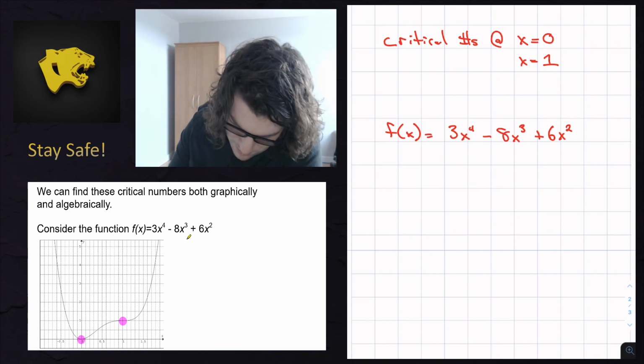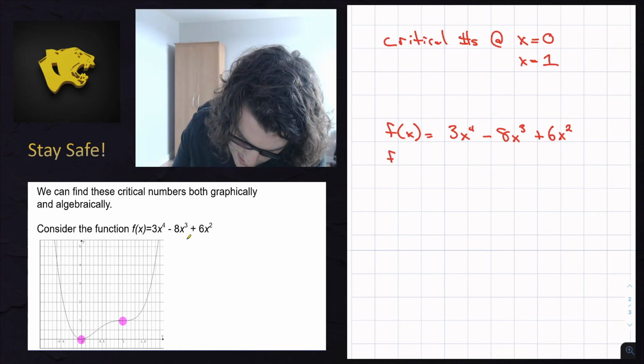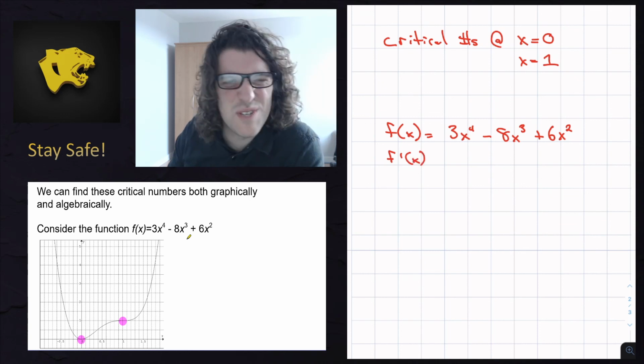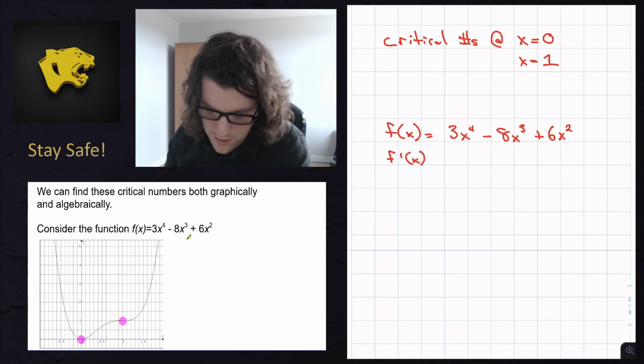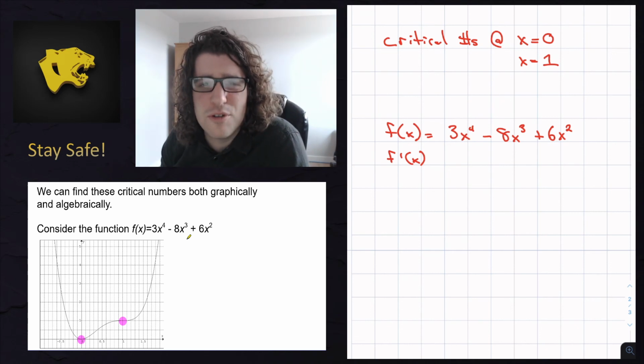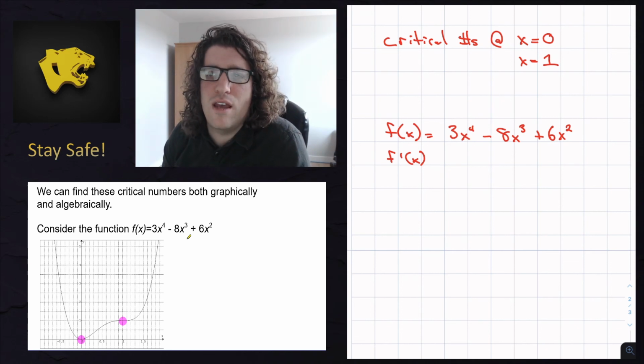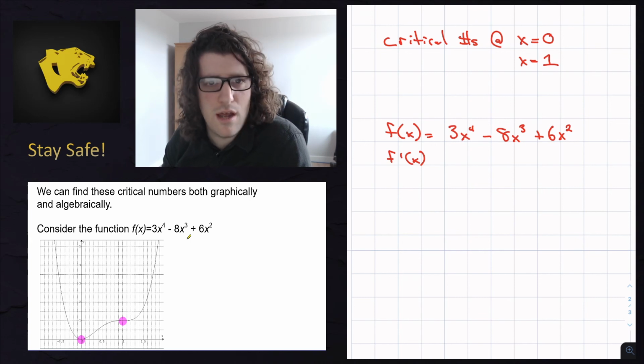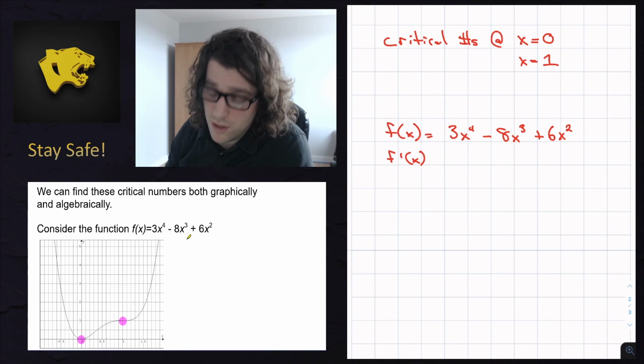I know this is a polynomial, so the derivative is going to exist everywhere, because the derivative of a polynomial is just another polynomial, and all polynomials are continuous over all real numbers.